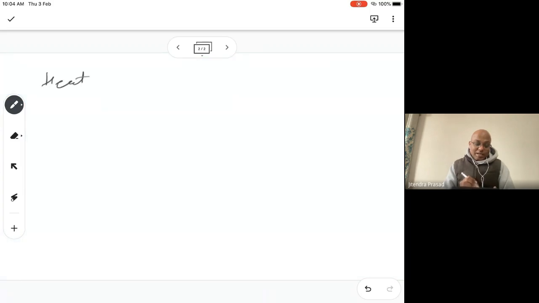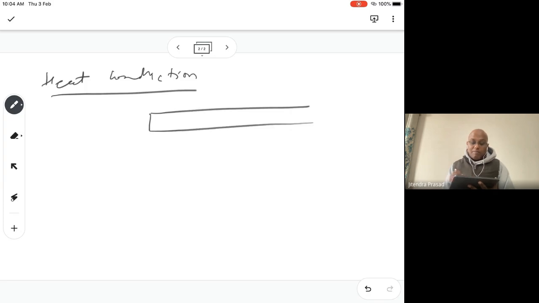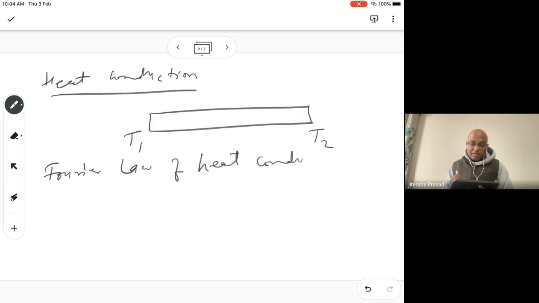When we talk about heat conduction, you know already that in a 1D problem, there may be a bar, and there may be some temperature difference, like if you have T1 here, T2 here, and because of that, we have Fourier's law of heat conduction.